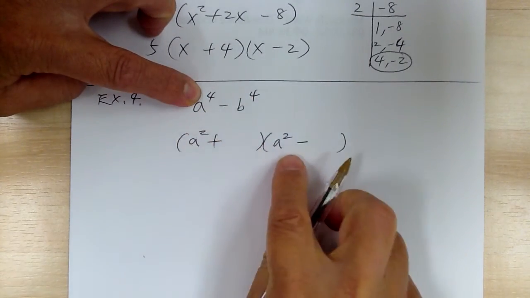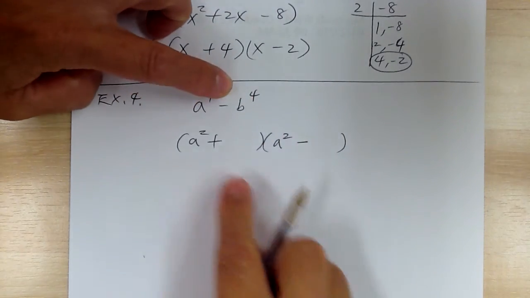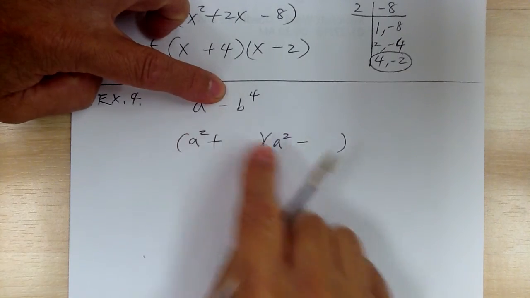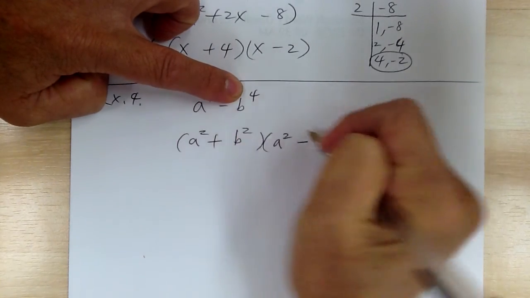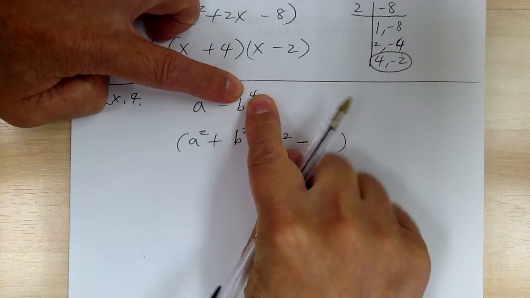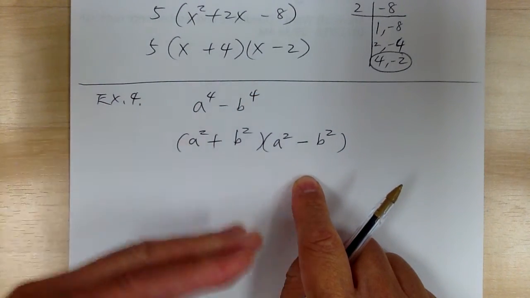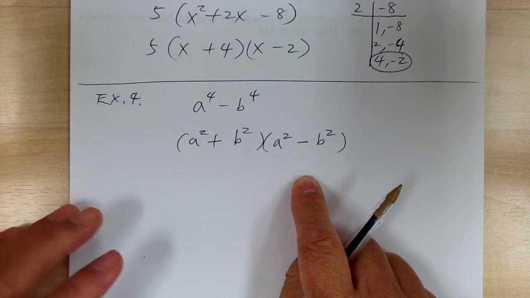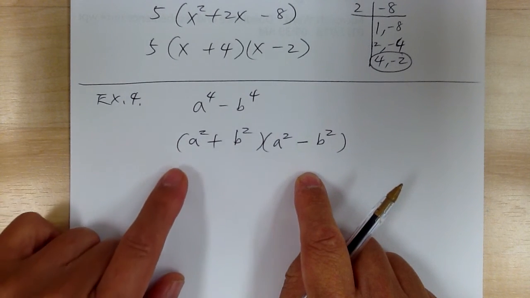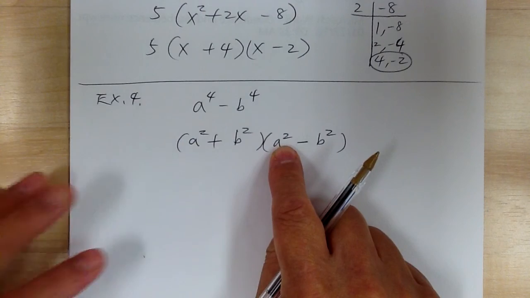So a squared times a squared gives you a to the 4. Plus times minus gives you minus. And b squared times b squared gives you b to the 4. Now do not use a and a cubed, because special factoring requires conjugates. If you have a and a cubed, then it's not a conjugate.